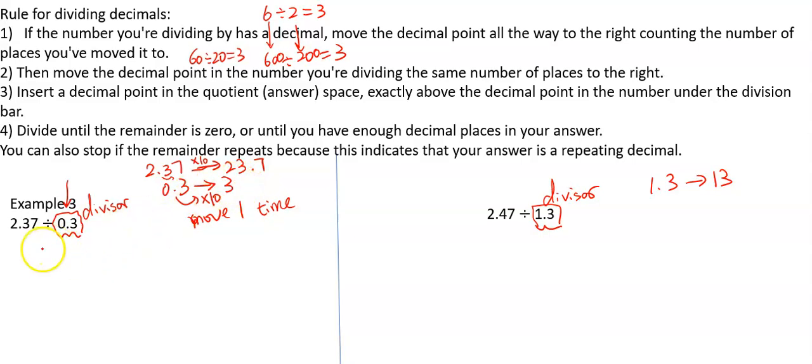And now the question is changed to 23.7 divided by 3. The reason we're doing this is because we want to get rid of the decimal point in the divisor. In the dividend, it's okay to have a decimal point.